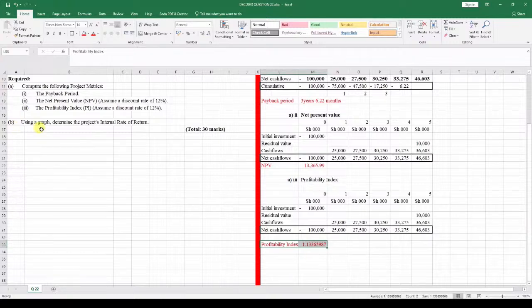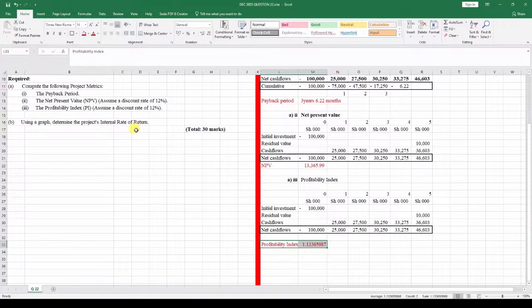Using a graph, determine the project's internal rate of return. The project's internal rate of return is at the point where the NPV is equal to 0. Where the NPV is equal to 0 is where our project's IRR is going to be.